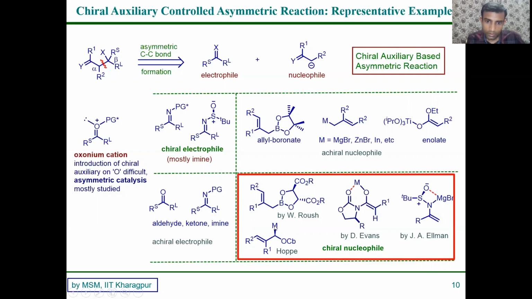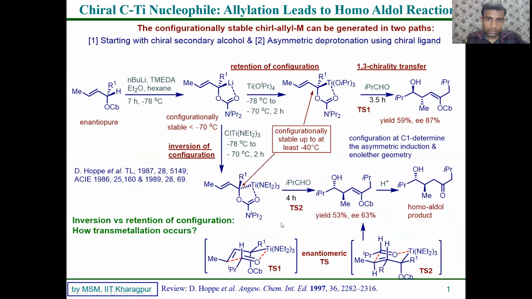It can be, let's say, titanium. We are going to discuss the famous chemistry by Professor Hoppe. At the moment I will be discussing this part. Let's proceed with this.